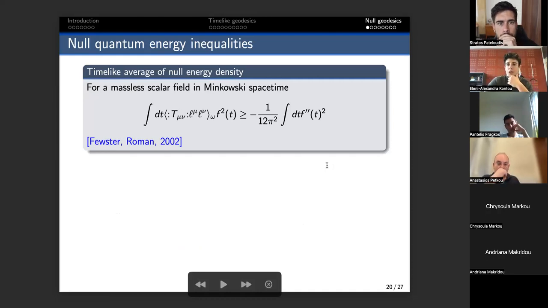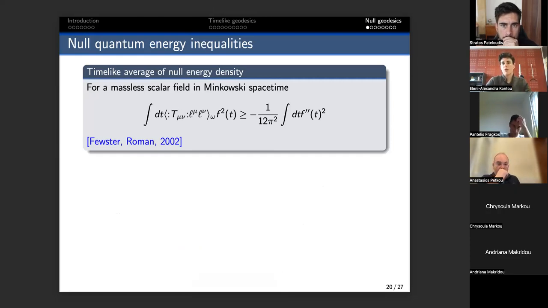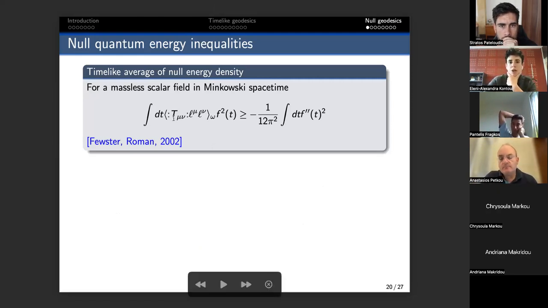for null geodesics, the first thing we need is a null quantum energy inequality. As we had for the time-like ones, we had the quantum energy inequality. So an energy inequality for the null energy, the stress-energy tensor contracted with null vectors, was derived by Pfister and Raumann in 2002.